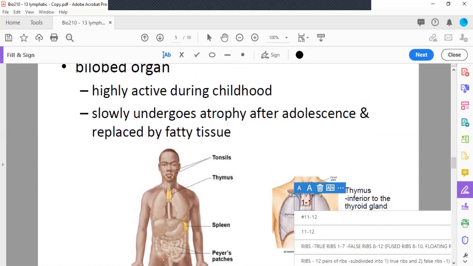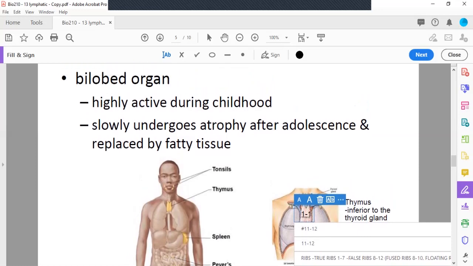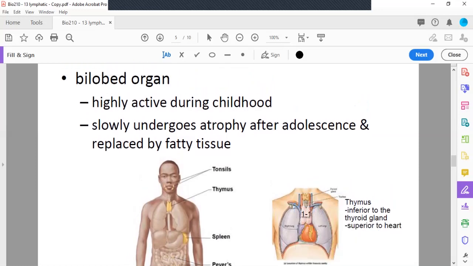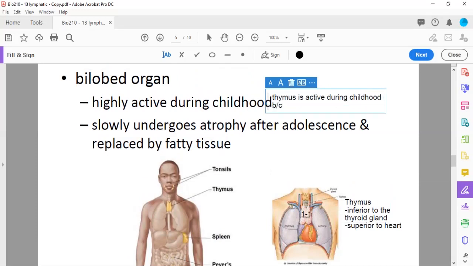Now, this organ is very active during childhood. And the reason why it's active during childhood is because the T lymphocytes must undergo maturation to become immunocompetent.